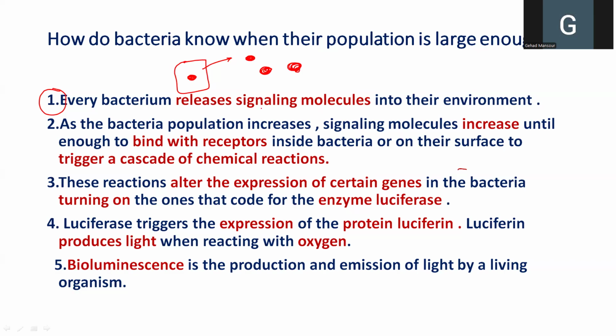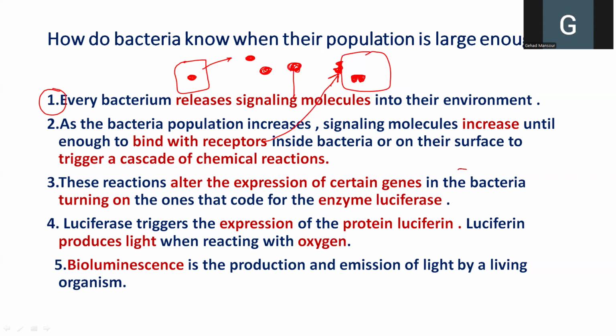And when they increase, they will be sufficient in number to bind with specific receptors on the surface of the bacteria. So here you have the signaling molecule, and here you have the receptor. The receptor might be present on the surface of the bacteria or inside the bacterium.